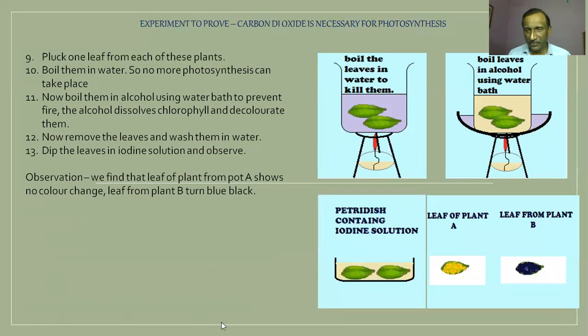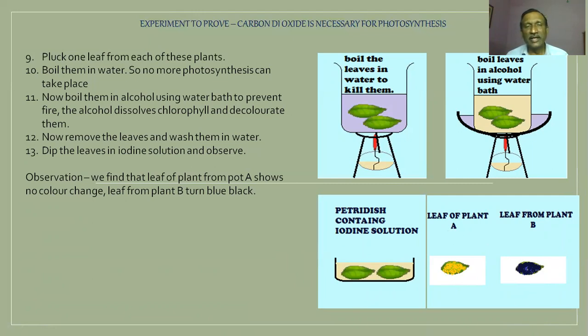Whereas the leaf of plant B, here you can see, has turned blue-black. Why has it turned blue-black? Here it is yellowish because it was dipped in the iodine. Here it is blue-black because it contained starch, and when starch comes in contact with iodine solution, its color changes to blue-black.